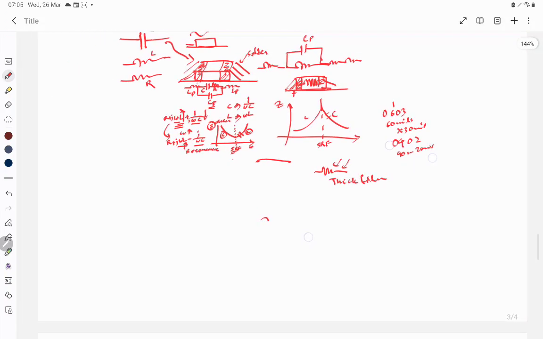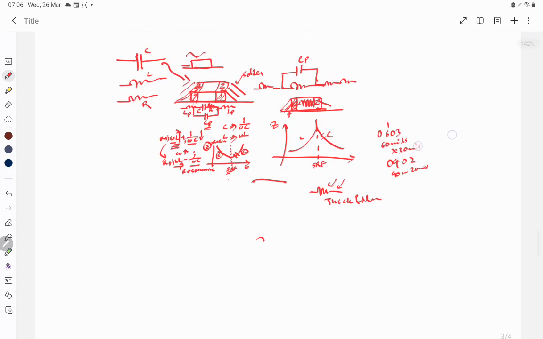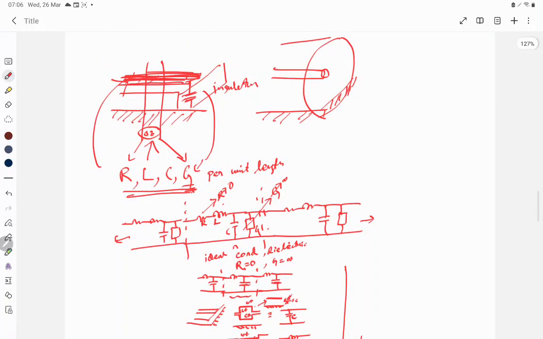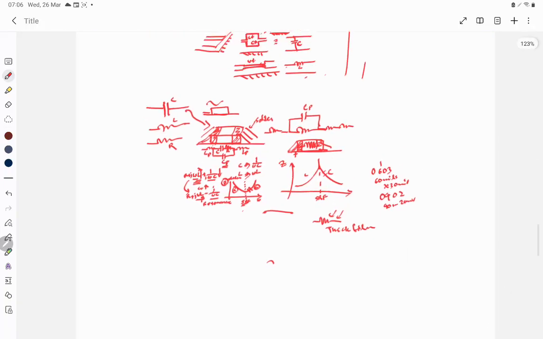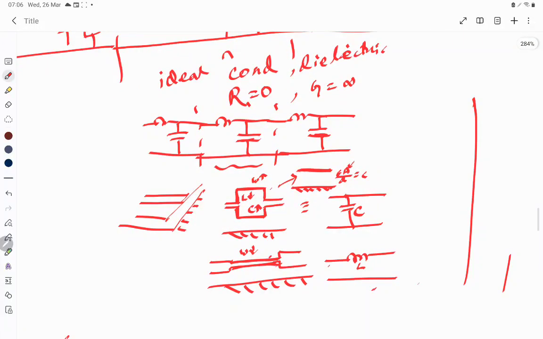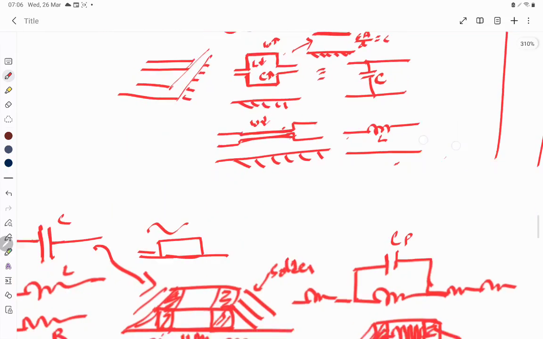We need some kind of distributed component, utilizing the distributed parameters of the transmission line itself. There, shunt capacitances and inductances made from modified transmission lines come in handy.